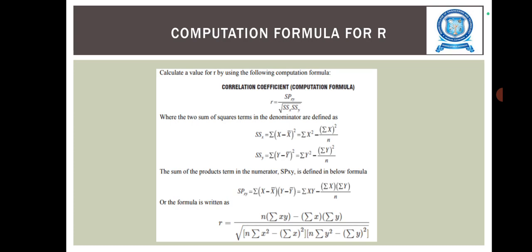Here n is the number of pairs of observations, sigma x is the total of the first variable values, sigma y is the total of the second variable values, sigma xy is the sum of the products of the first and second values, sigma x squared is the sum of squares of the first values, and sigma y squared is the sum of the squares of the second values.